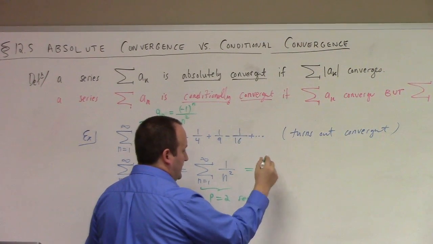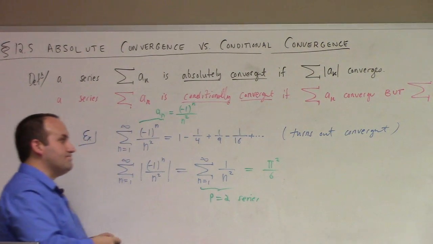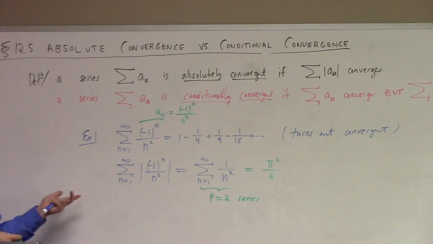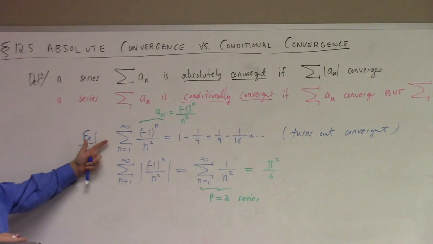So of course, this converges, for what it's worth, to pi squared over 6, but who cares? Apparently I do, I've mentioned it twice. Anyway, convergent. And actually, it doesn't matter that this converges.